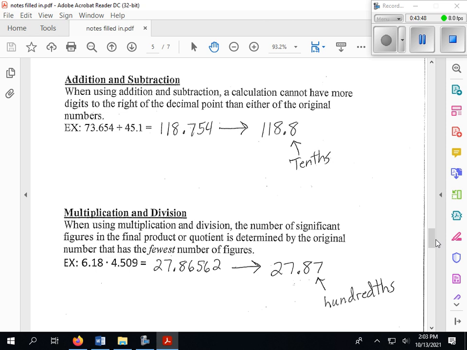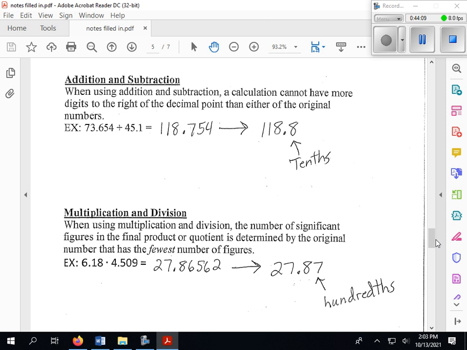So looking at my two numbers here, 73.654 and 45.1. That tells me how many places I'm going to put behind my decimal in my answer. It can't have more than either one of the two originals. So it's got to have the same as which one? The one.